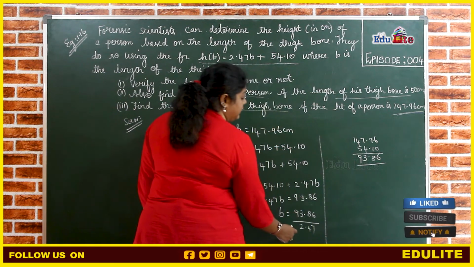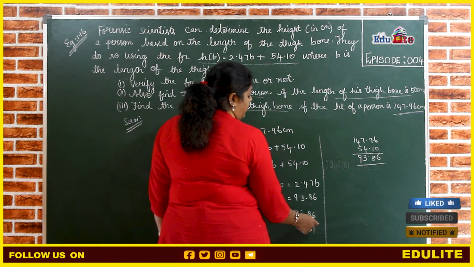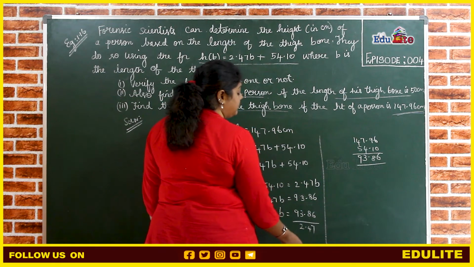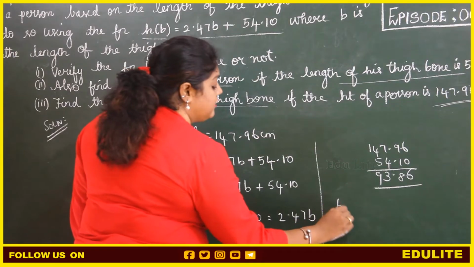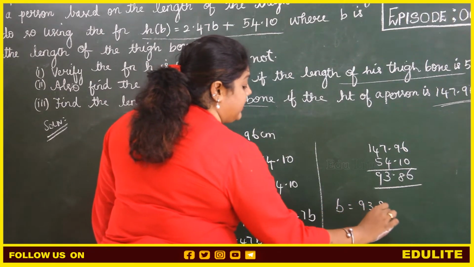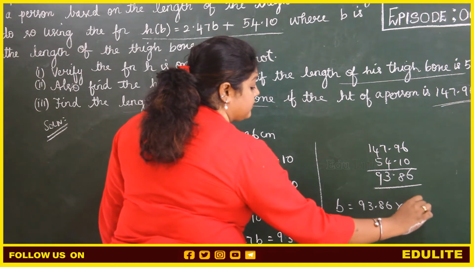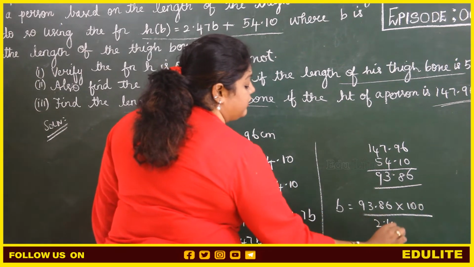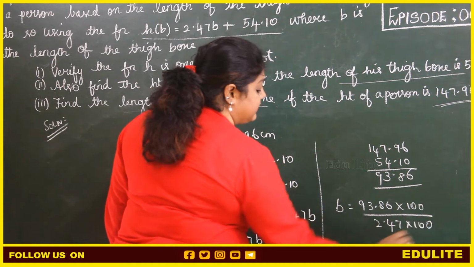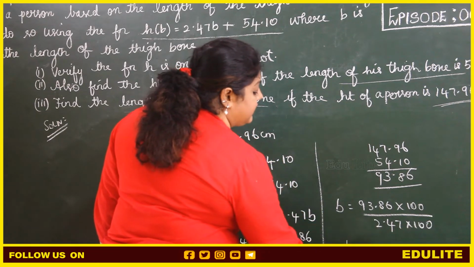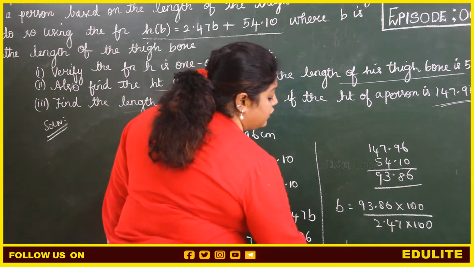In both numerator and denominator there are 2 points after the decimal, so we can multiply and divide by 100. b equals 93.86 into 100 divided by 2.47 into 100. The next step, it will become 9386 divided by 247.